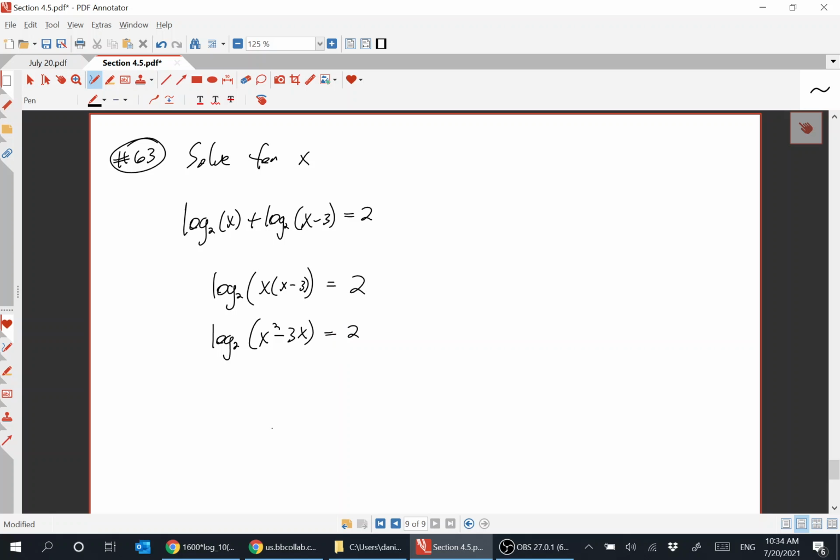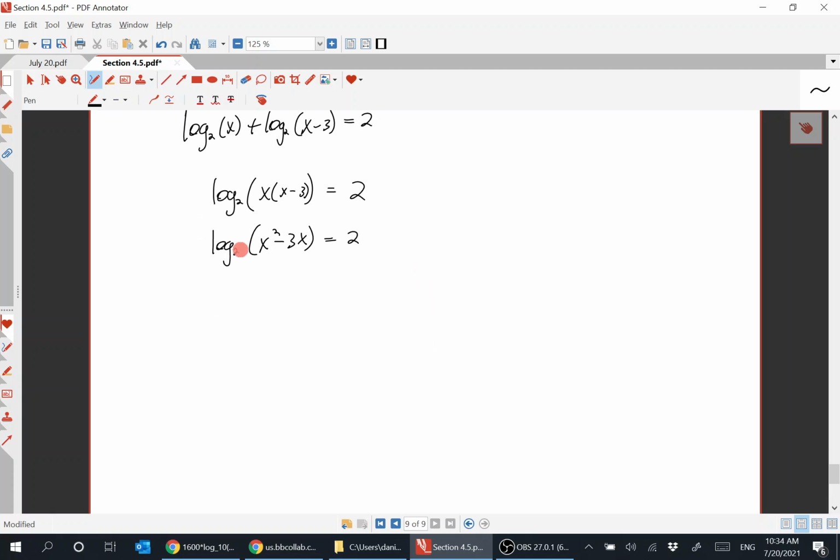Because this is log base 2, the exponential function that you have to apply is the base 2 exponential function. So 2 to the log base 2 of x squared minus 3x is equal to 2 to the 2. So b to the log base b of x, the exponential and the log cancel each other out, being inverse functions of each other.